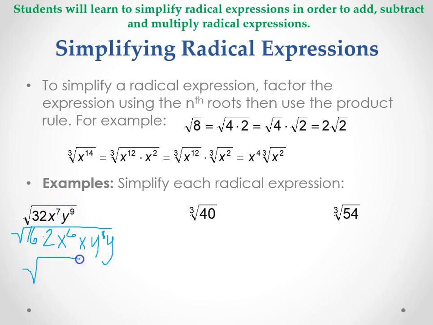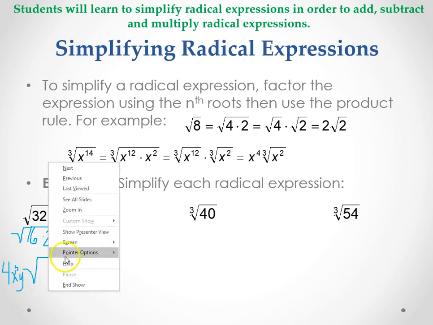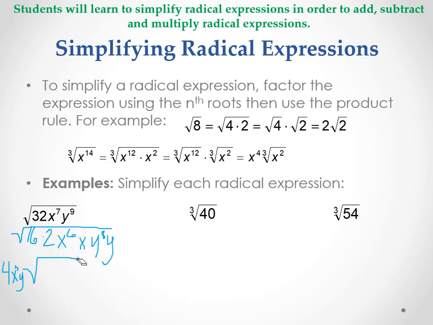So the square root of 16 is 4, x to the 3rd, and y to the 4th. And then what's left in our square root symbol are the 2, the x, and the y.